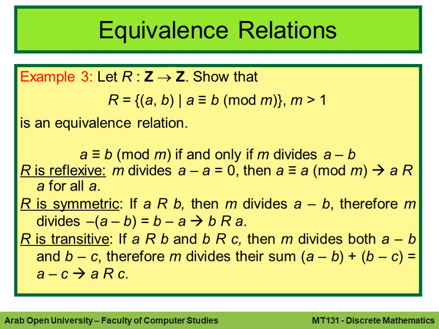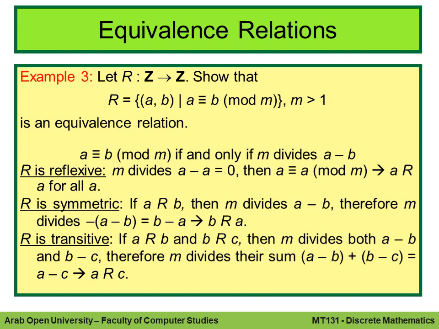This is an equivalence relation. Just to remind you, one way to check for congruence is that a is congruent to b mod m if m divides a minus b, or a minus b is divisible by m. That's the quickest way to check for congruence.